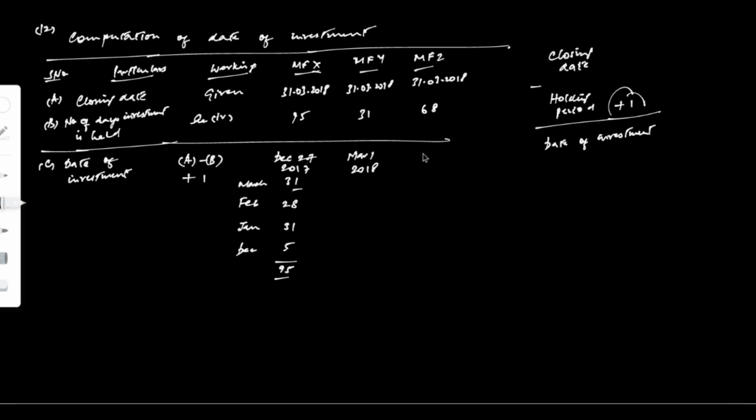Next, here it is 68 days. So March 31, then Feb 28, total it is 59 days. Then I require 9 more days in Jan. So ideally it will be 31 minus 9, 22. That is Jan 22. Again plus 1, so Jan 23, 2018.